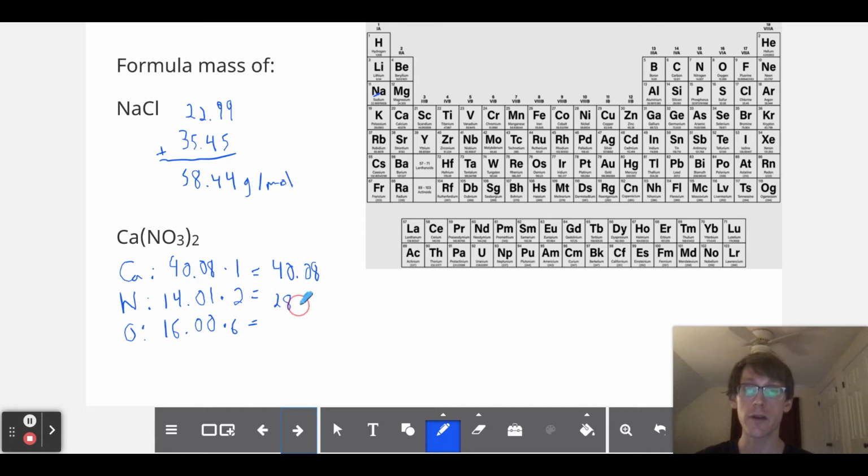But for the nitrogen, there are 28.02 grams of nitrogen in a mole of calcium nitrate. And for the oxygen, we get 96.00. And what we can do is just take all of that, add it up, and what we get is 164.10 grams per mole again. So that would be a more complicated formula mass.